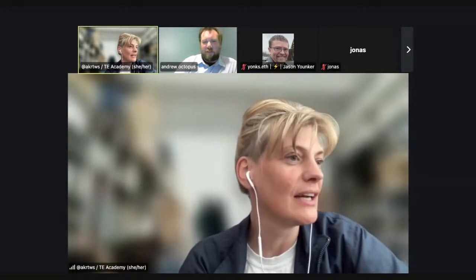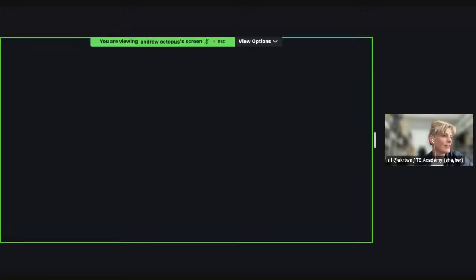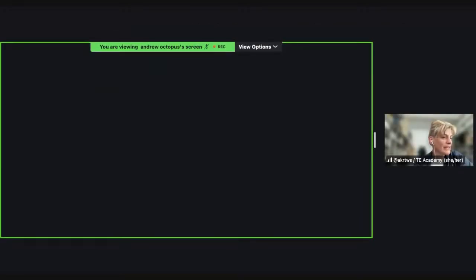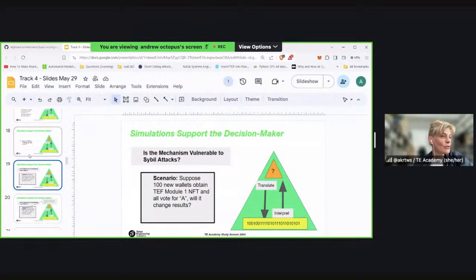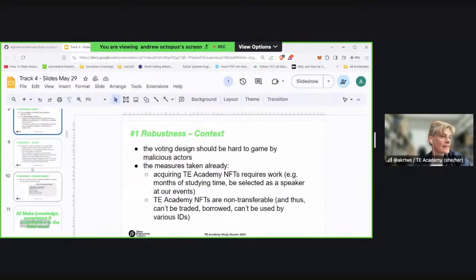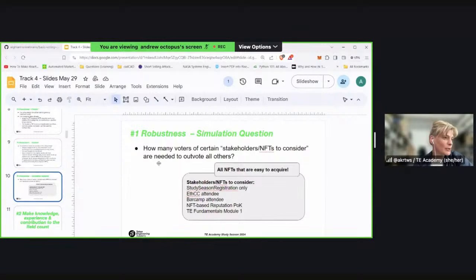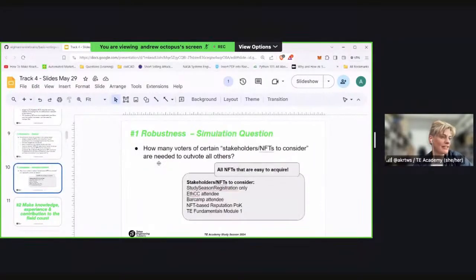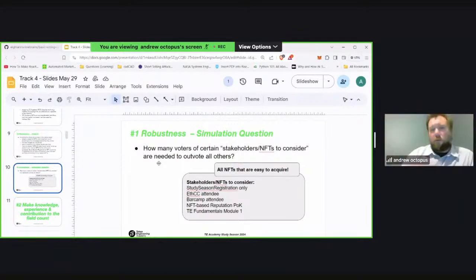For me, it was, okay, I start with the minimum, what's needed to outvote all other groups. So these are all valid approaches to start with simulations. I hope others will be generating new questions that also help them.